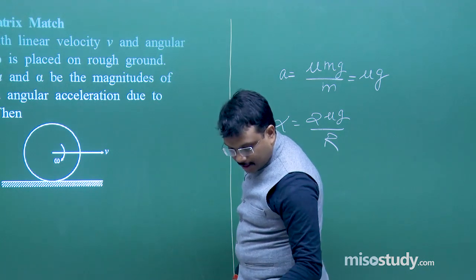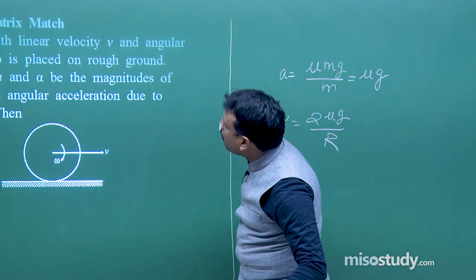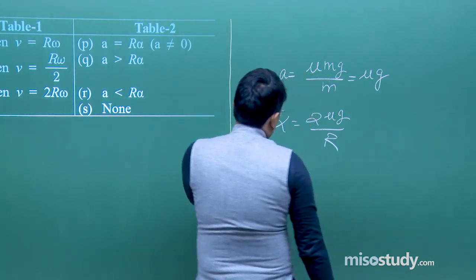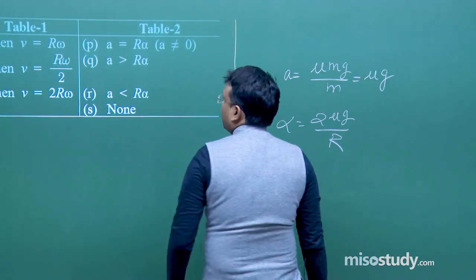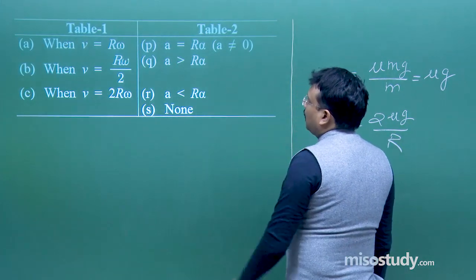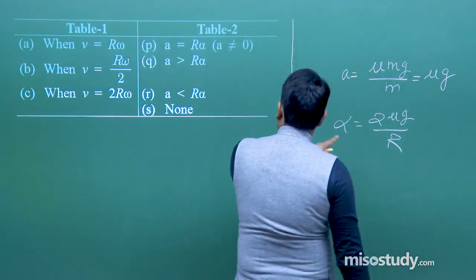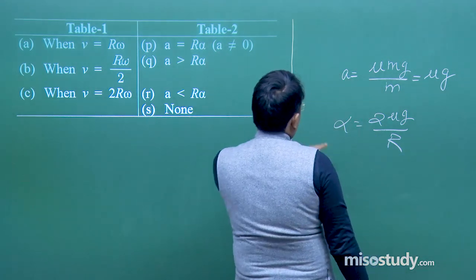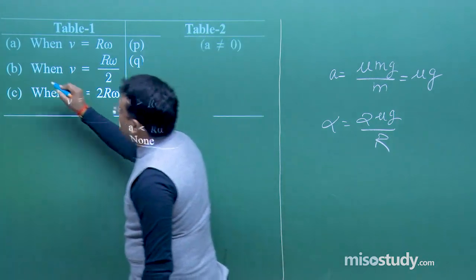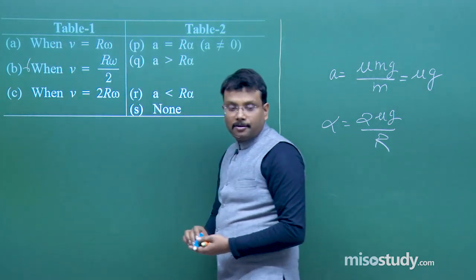So, from here this way you can say that alpha is equal to 2 mu g by r. So, for B option R is the correct option, obviously acceleration is less than that. So, B is R option, correct, fine.